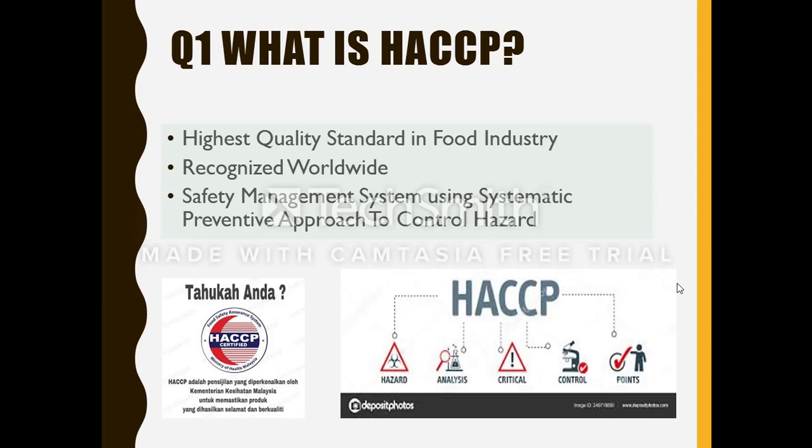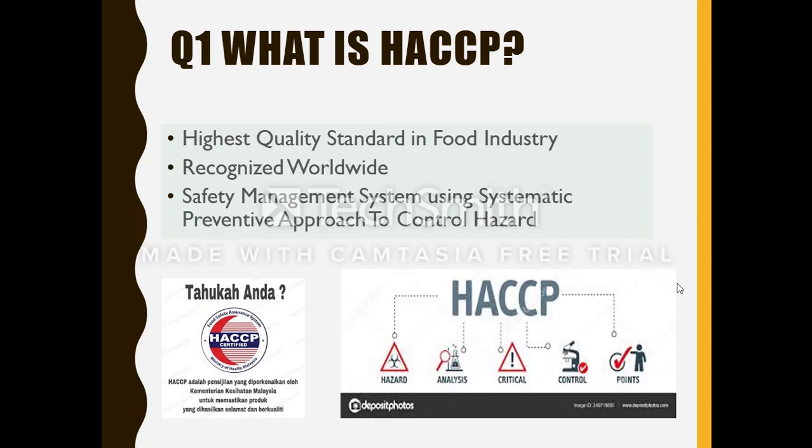What is HACCP? Question number 1. It is the highest food quality standard, and it is recognized worldwide. HACCP is a risk management system which is designed to identify, assess, evaluate and control hazards in the entire food production process.